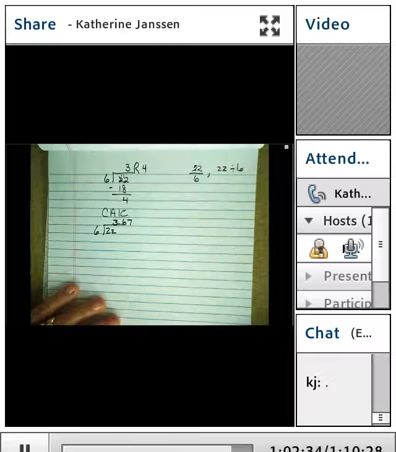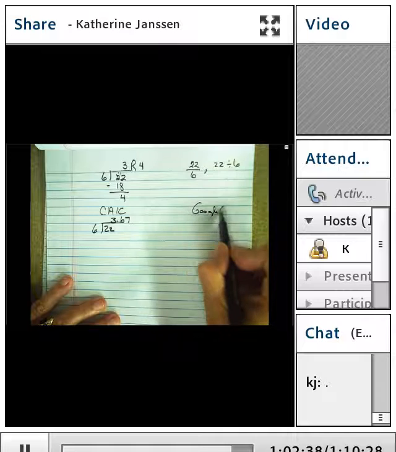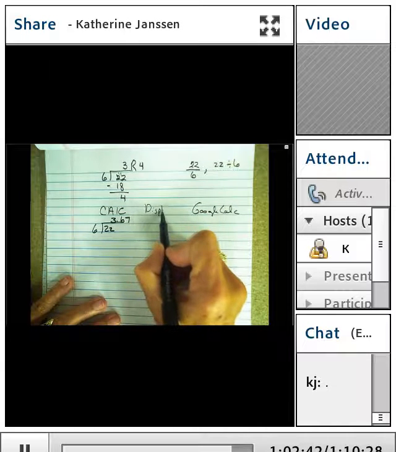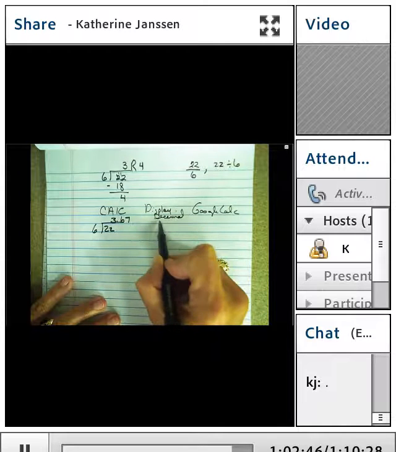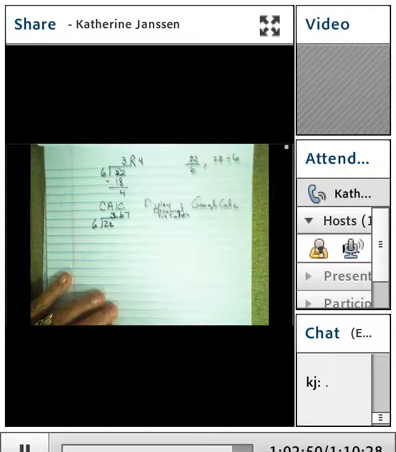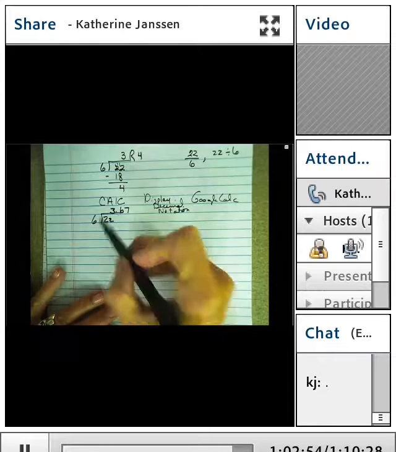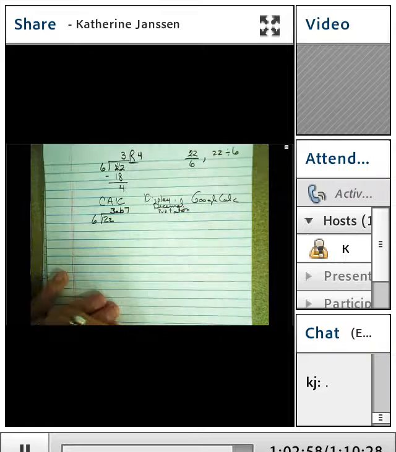Now, your calculator and Google Calc will display your answer in decimal form. So decimal format or decimal notation. And we really don't want this decimal part. We want a remainder. We want the integer remainder, the whole number remainder.